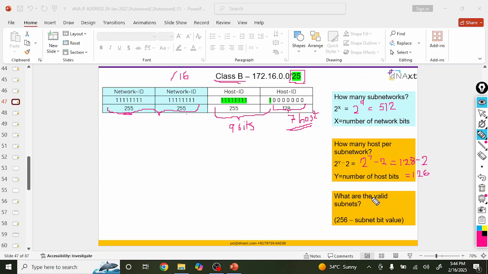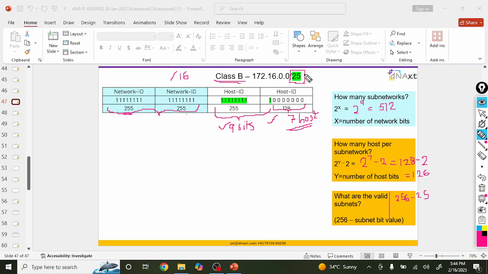What are the valid subnets? Meaning, what will the increment be? As we have already discussed, there will be an increment in both the octets as we have borrowed bits from both these octets. So 256 in the third octet, the increment will be of 1.